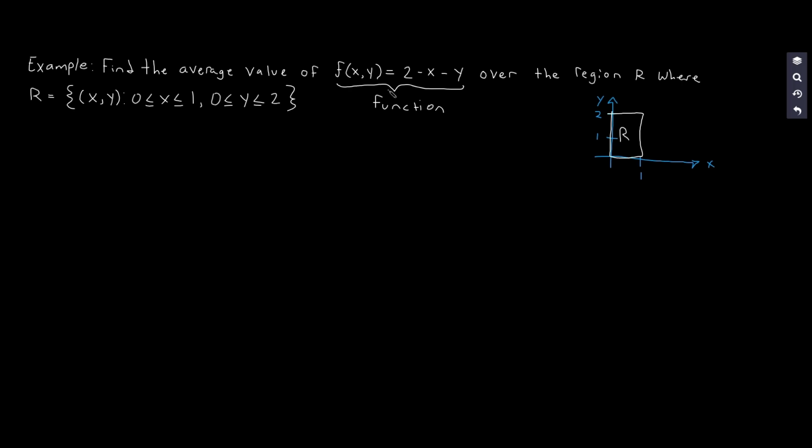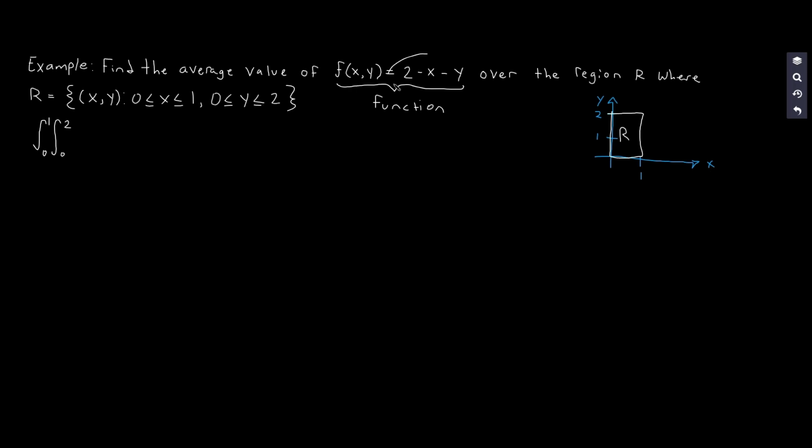In a situation like this, we could try to visualize what the integral is going to look like in our head, but honestly, we could just write it out. Let's not try any trick shots. The first integral is from 0 to 1, that'll be the x. This will be with respect to y, so from 0 to 2.